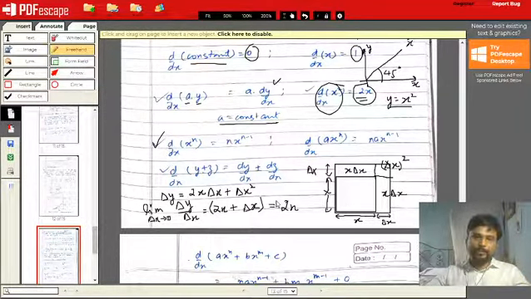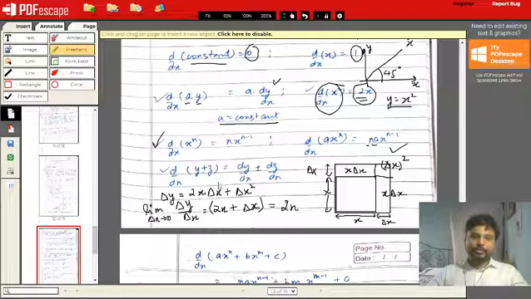So the power n comes by the side and the power becomes n minus 1. Next, d by dx of ax to the power n. We have to differentiate this. a comes outside and n also comes outside, and the power becomes n minus 1.